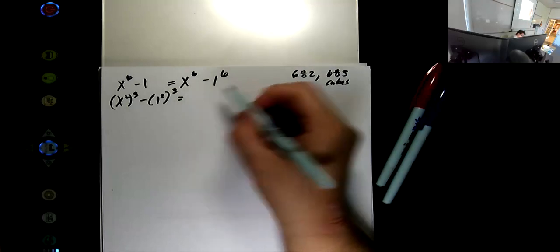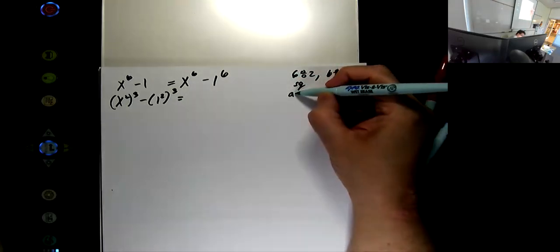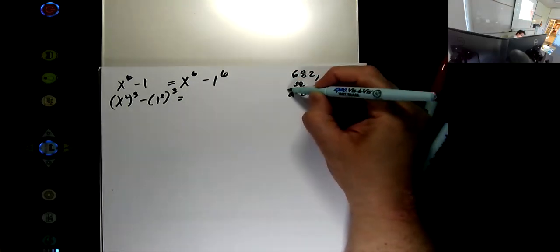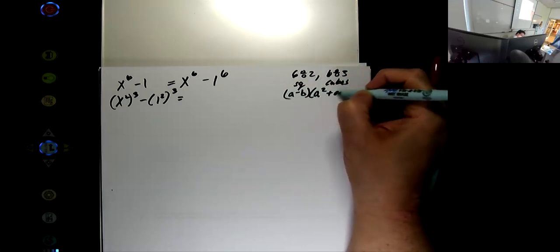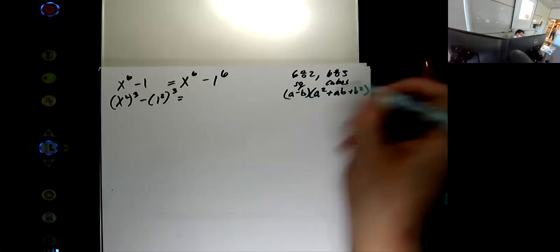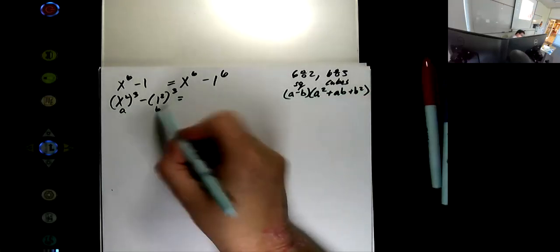So we put that in the pattern. The pattern for a cubed minus b cubed is a minus b times a squared plus ab plus b squared. That's my a and that's my b.